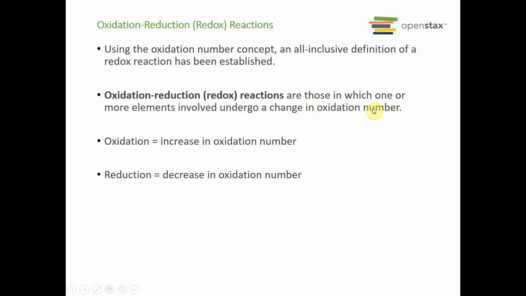Because if one goes up, another one has to go down. So, hence, there's always oxidation and reduction. Oxidation is an increase in oxidation number. Reduction is a decrease in oxidation number.